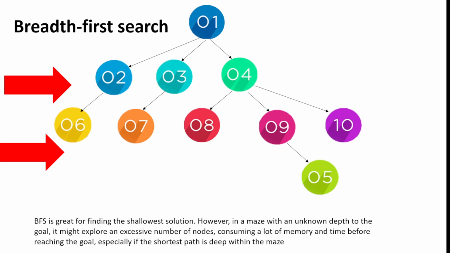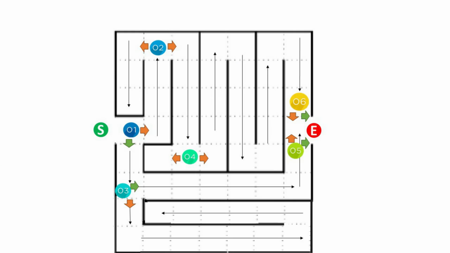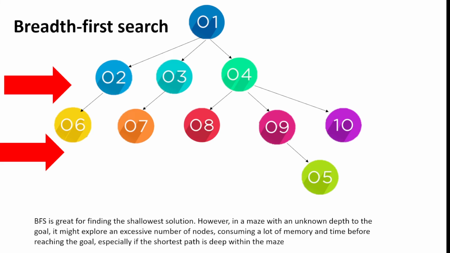Now the other algorithms, well, a breadth first search will just go through every option in our maze at the beginning, then the next level, then the next level. So that's going through every option without really trying to find the answer. So when we look at our maze, it will go through each node and then stop and go back to the next node rather than trying to find the solution.